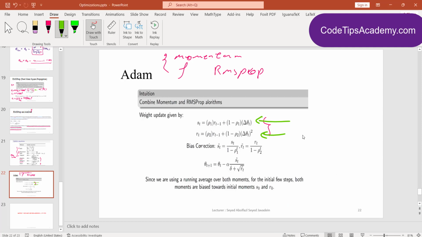To use the Adam concept, we get the best from these two concepts, momentum and RMSProp. What does this formula mean? We change the weights according to this formula.